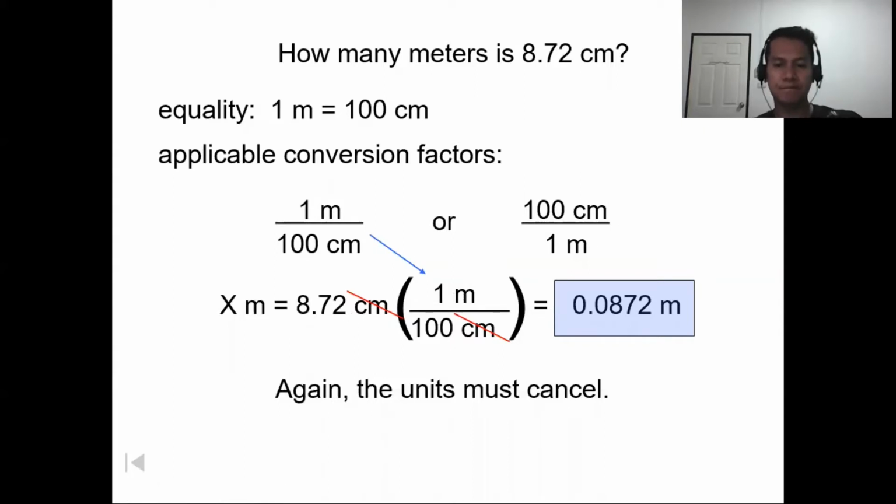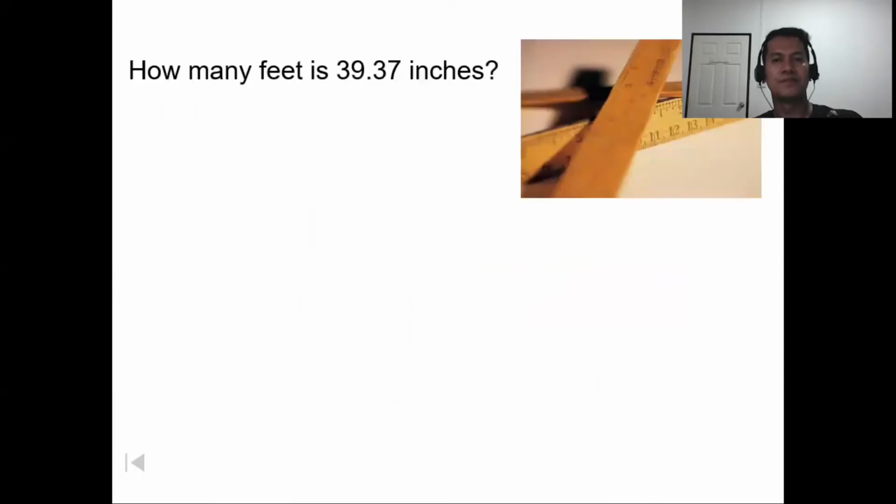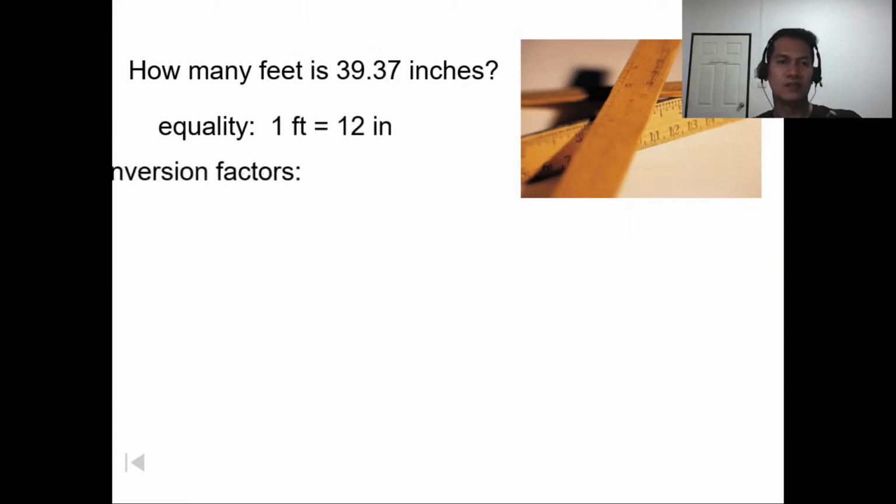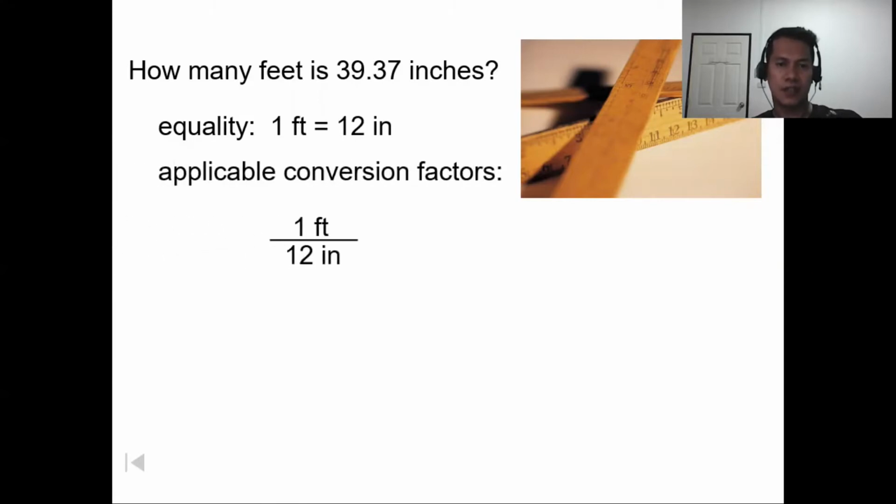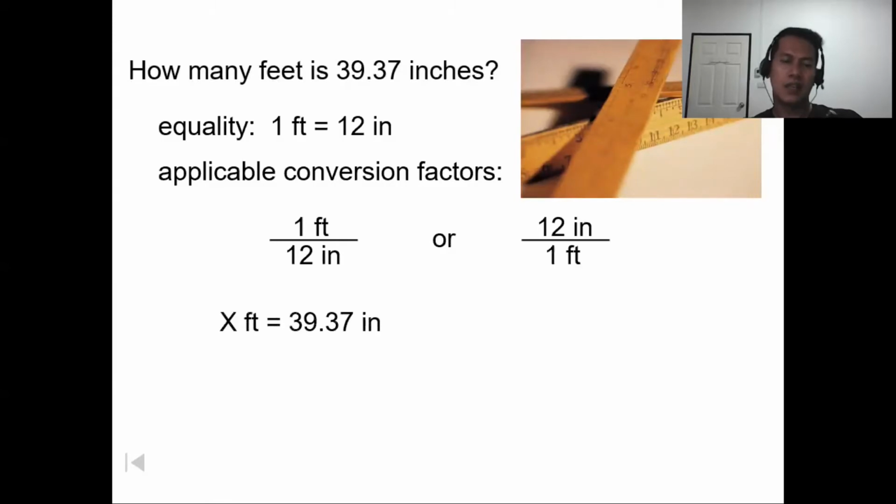All right, another example. How many feet is 39.37 inches? Let's go back to the equality. 1 foot equals 12 inches. And these are the conversion factors: it's either 1 over 12 or 12 over 1. But we are trying to cancel out inches. Which of the two is appropriate to use? Good job, guys.